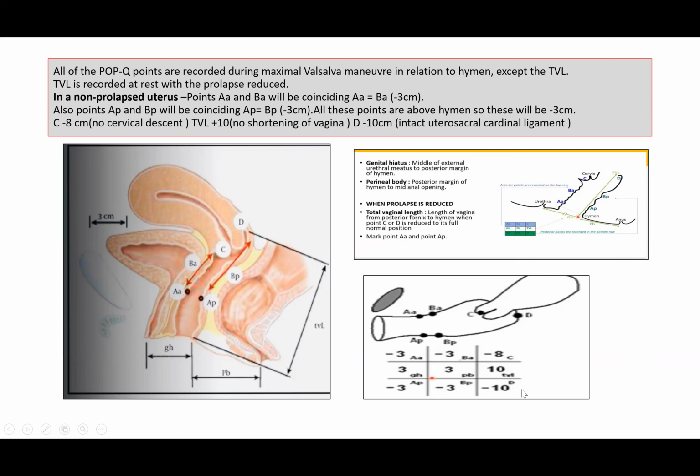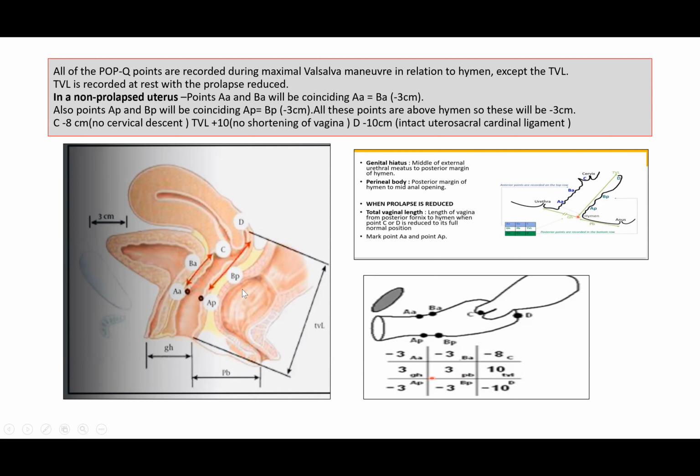If there is no prolapse, the grid will look like this. So when there is no prolapse, the values of AA and BA in the anterior vaginal wall will be minus 3, minus 3. Likewise, in the posterior vaginal wall, it's going to be minus 3 and minus 3 centimeter. The cervix will be 10 minus 2, so it is minus 8 centimeter, because there is no prolapse, and this point is 8 centimeter above the hymen.